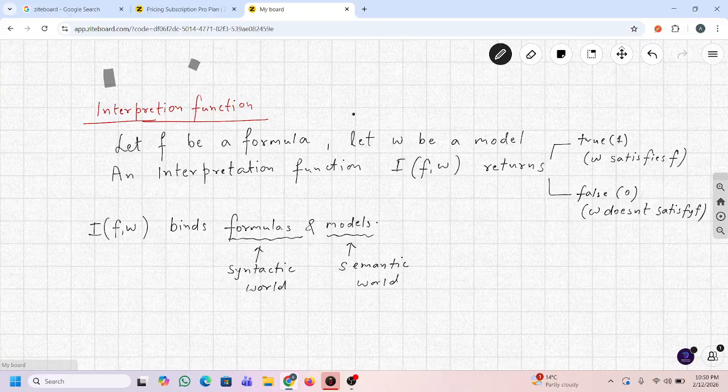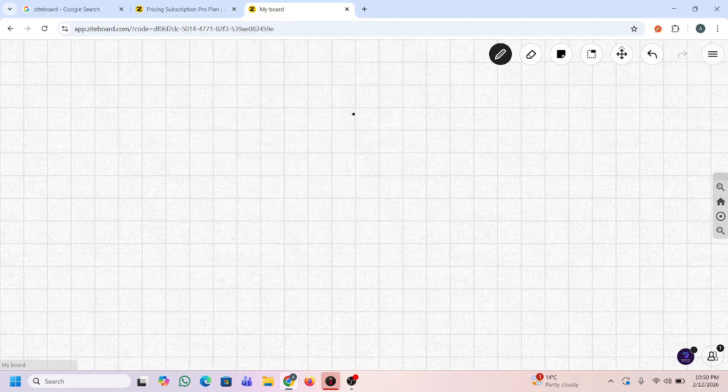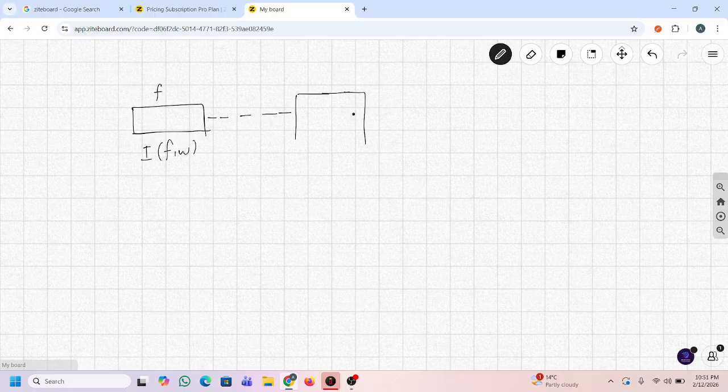Right. And how do we denote this? Let us say we are having I of f comma w, here f is a formula, and then this I of f comma w connects a formula f to a world w.